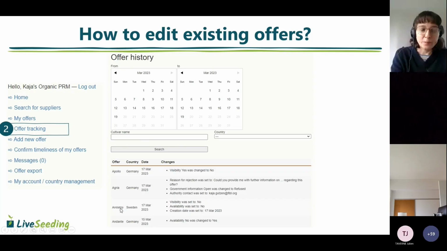And also I have offered this Andante now also in Sweden, but I made it unavailable, and so on. So you will see all the offers that you have made, all the changes that you have made to your offers. And also again, here you will find the rejection method with the email that you can contact.